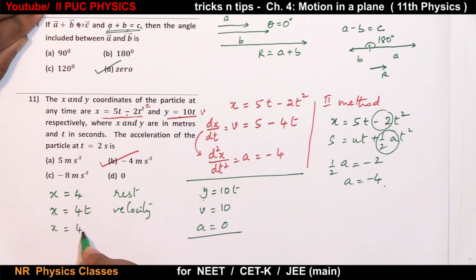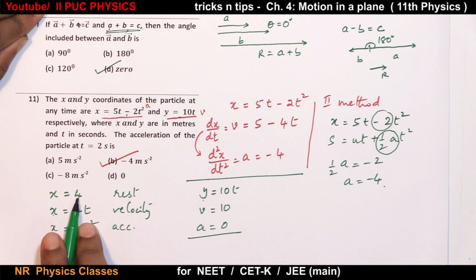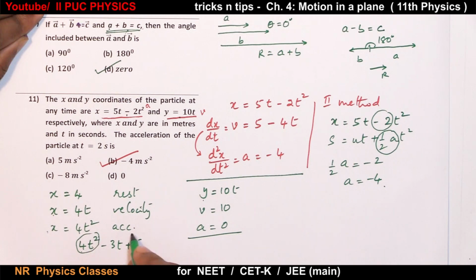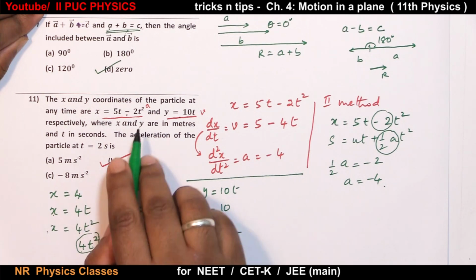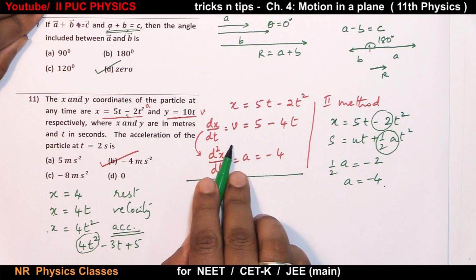If displacement equals 4t square, then this represents acceleration. Whether it is 4 constant, 4t square, or along with that some other terms, something like 4t square minus 3t plus 5, if the equation is of this format, then consider this: displacement with time square means it represents acceleration. That is why I took this in the first shot.